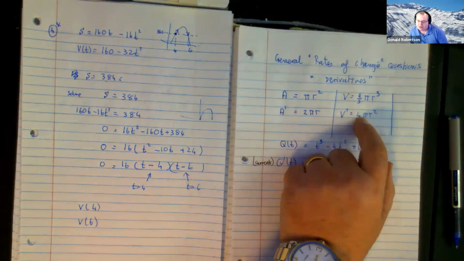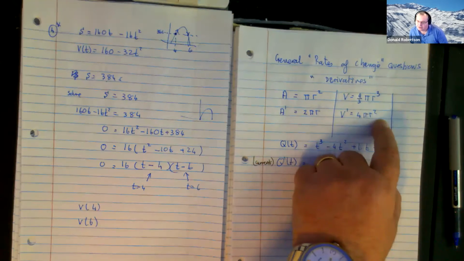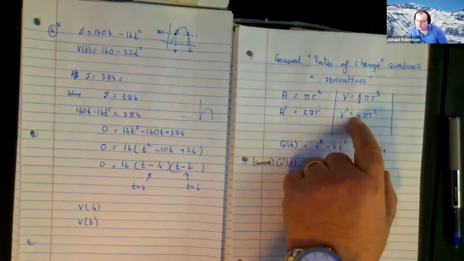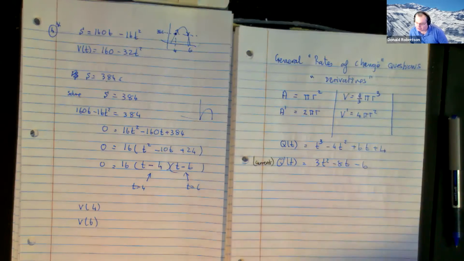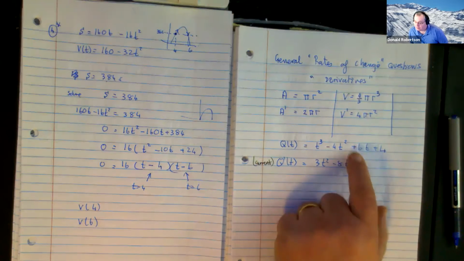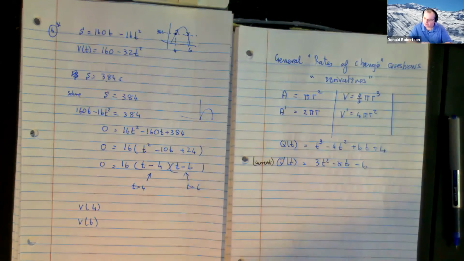This one you're less likely to know, but this is the volume of a sphere. If you differentiate it, you get this guy. On the off chance, does anybody know what 4 pi r squared is in connection to a sphere? That's the surface area of a sphere. In other words, if you painted the outside of a sphere, how many square feet would I need to do it?